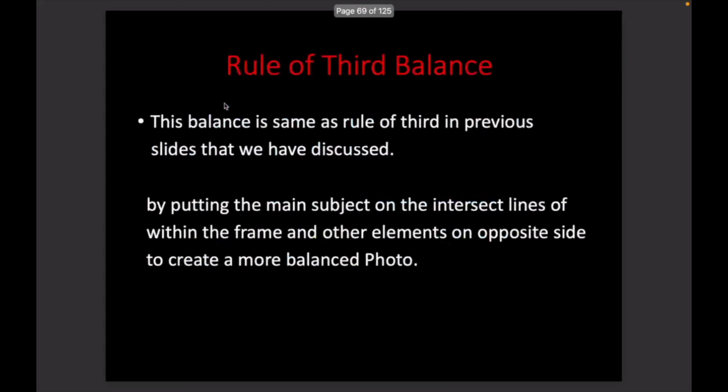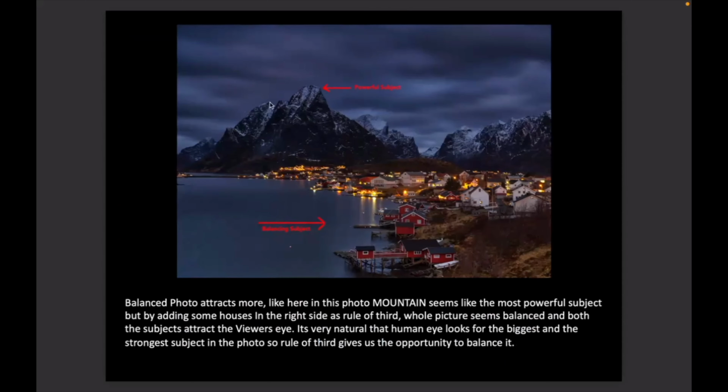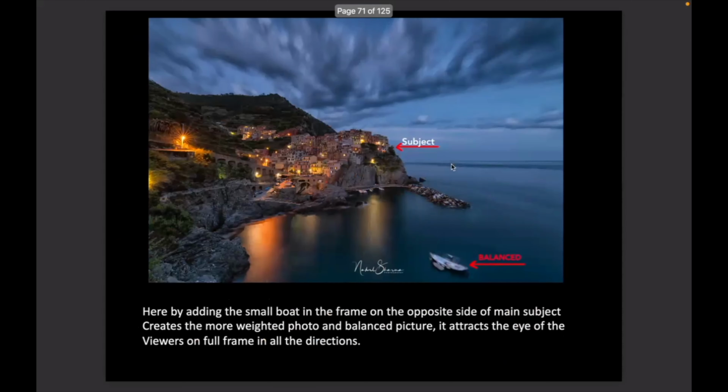Okay. Now, coming to the rule of thirds balance, we have already learned how you apply the rule of thirds, and it allows you to balance it with the other elements in the frame or on the opposite side to create more balance. Like here, this is my subject, but I balance it with a small boat.